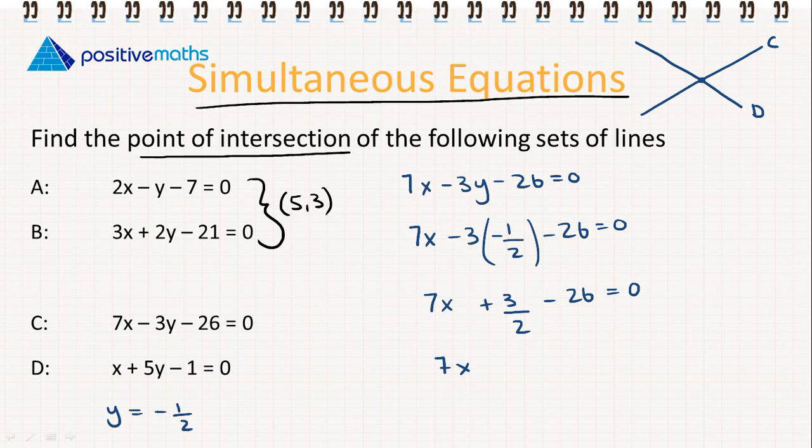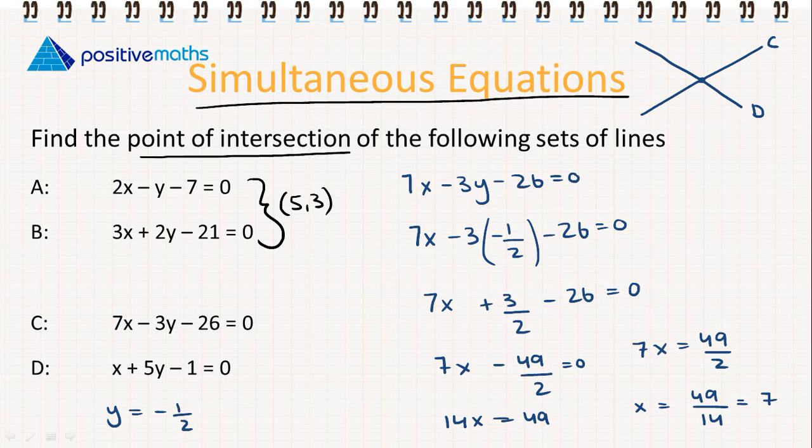Next line, I have 7x equals 49 over 2, so 14x is equal to 49. So x is equal to 49 divided by 14, and when I simplify that fraction, I get 7 over 2. So the point of intersection for these two lines, for my x value, I have 7 over 2, and for my y value, I have minus a half.